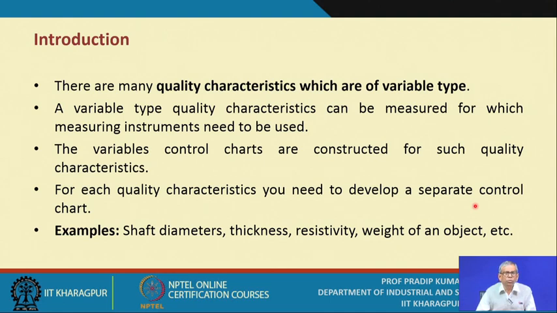So what you need to do, out of many quality characteristics initially you come across, you have to select a few which are considered to be very important or critical. So this is the point to be noted. Now that means we'll be dealing with a few non-trivial or important quality characteristics.